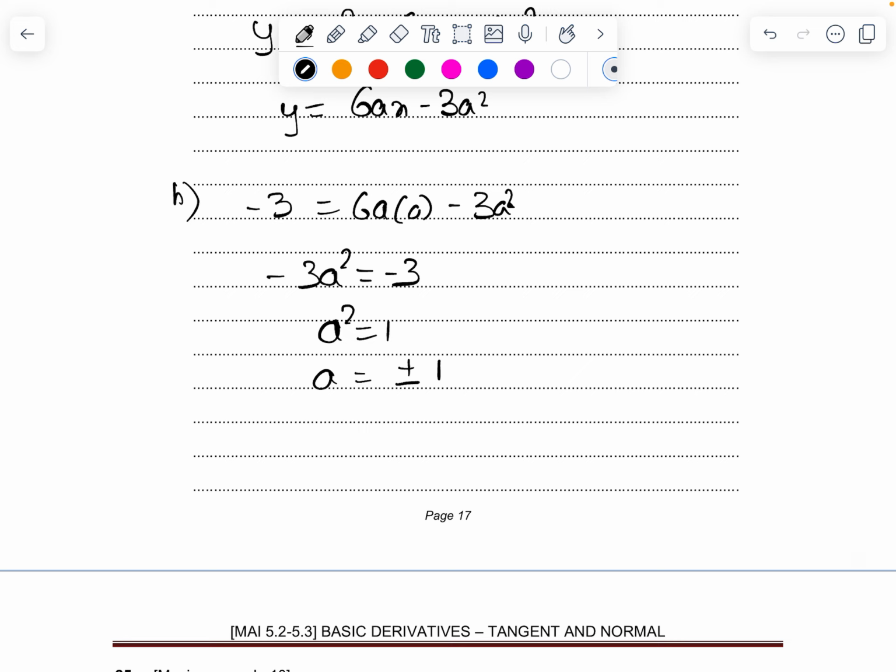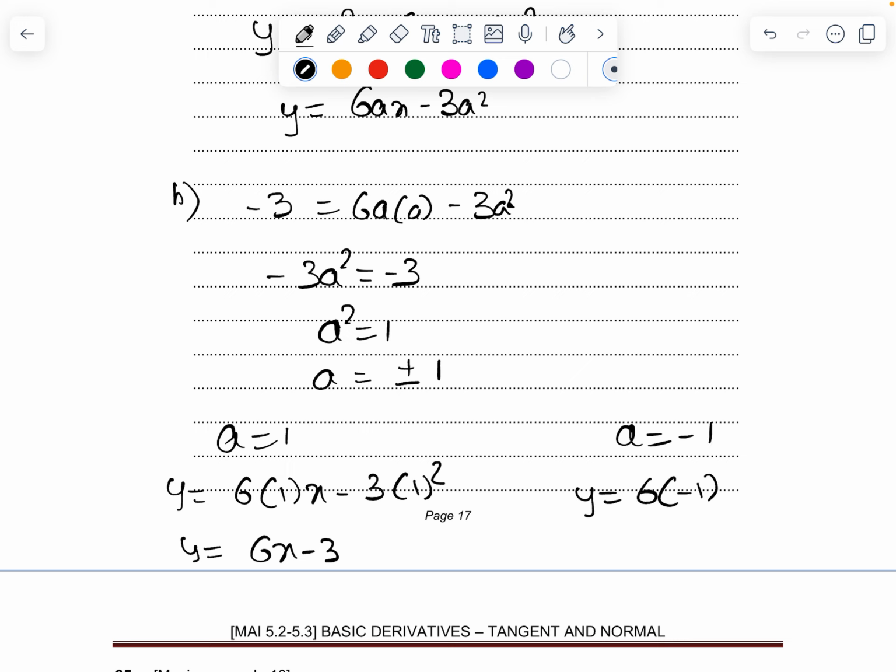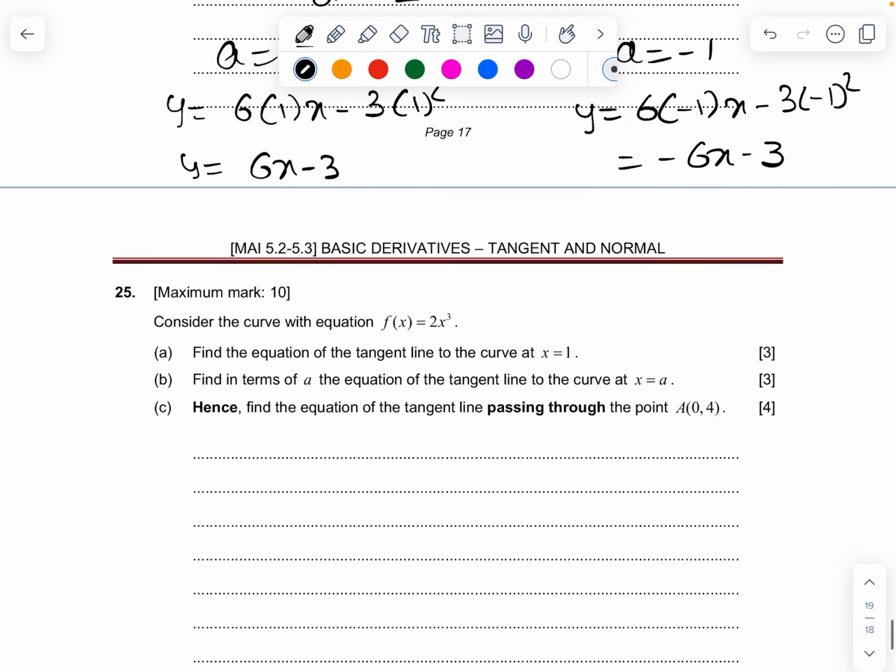So at a equals 1, the equation will be 6 times 1 times x minus 3 times 1 squared, which is y equals 6x minus 3. At a equals negative 1, y equals 6 times negative 1 times x minus 3 times negative 1 squared, which is negative 6x minus 3.